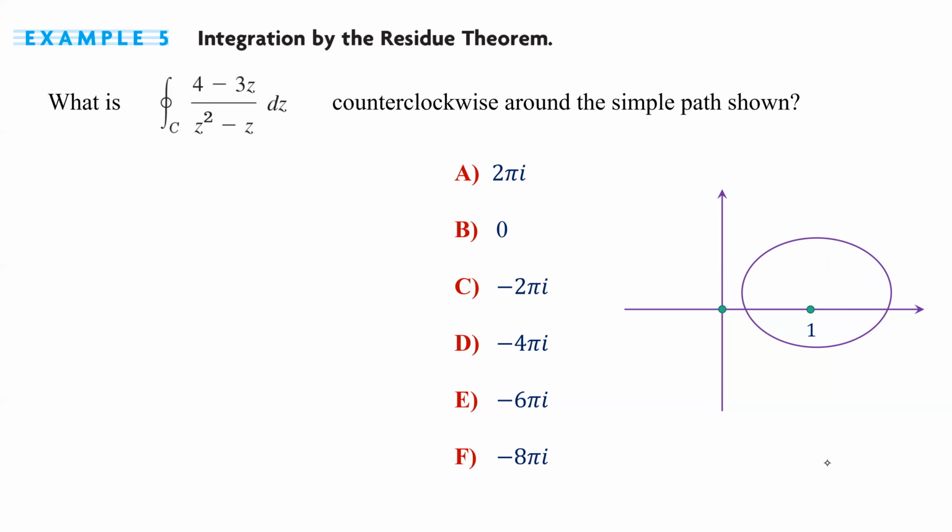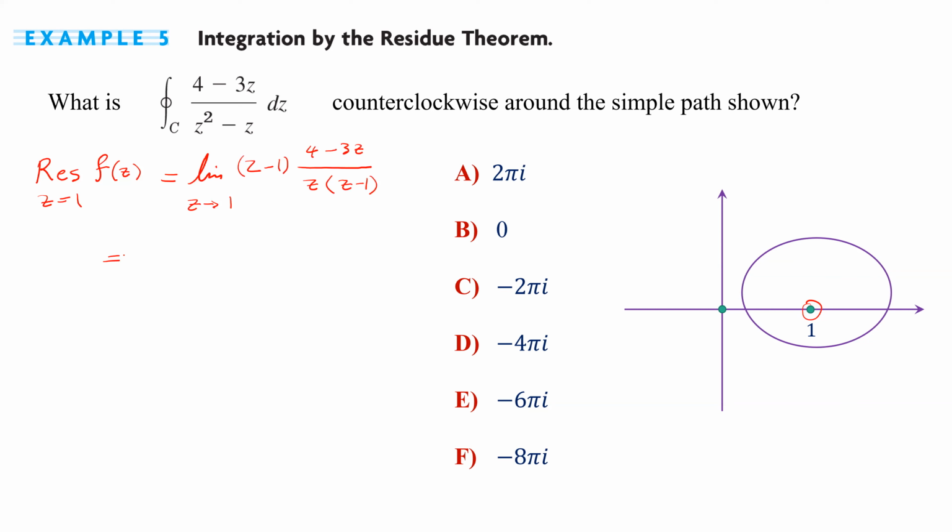I think most of you get it now. We have to calculate the residue at z equal to 1. So the residue of f of z at z equal to 1 becomes the limit of z minus 1 times f of z, which is 4 minus 3z divided by z times z minus 1, as z goes to 1.